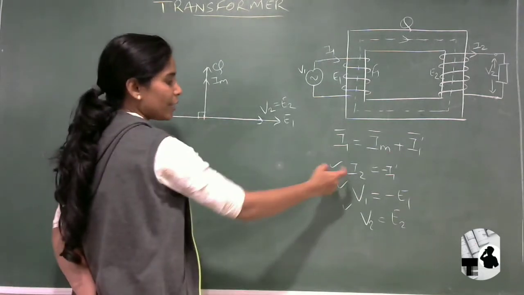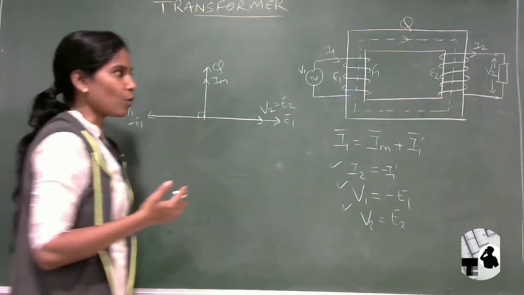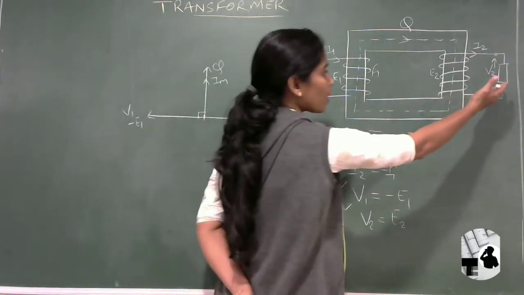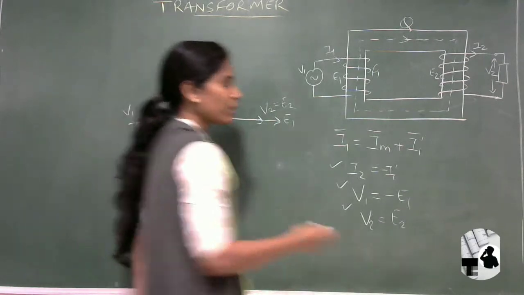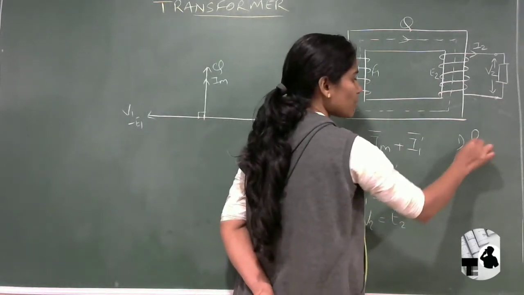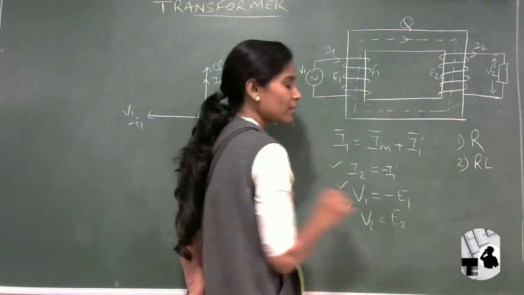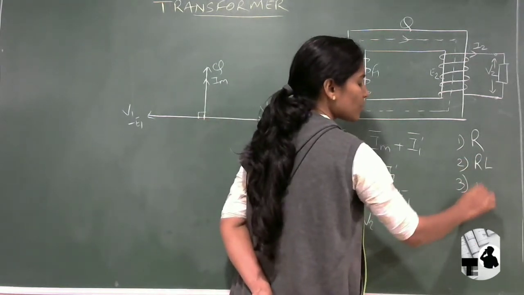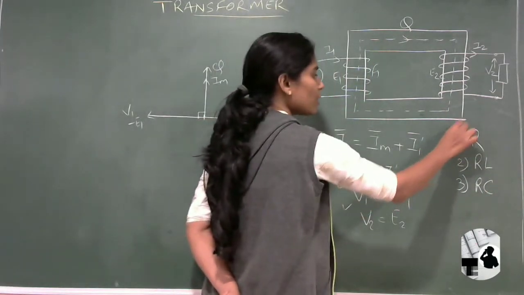So what is the nature of I2? The nature of I2 will depend on the nature of the load, which type of load you have connected at this side. We have three types of load: first is resistive load, second is inductive load, which we call the RL circuit, and third is the capacitive load, the RC circuit. First we will see the resistive load.